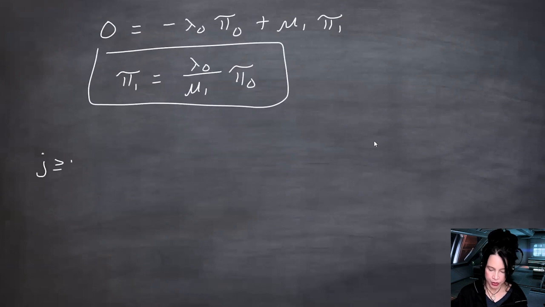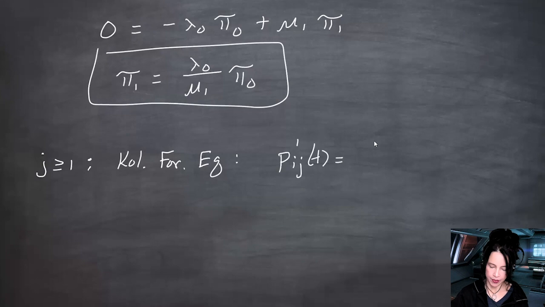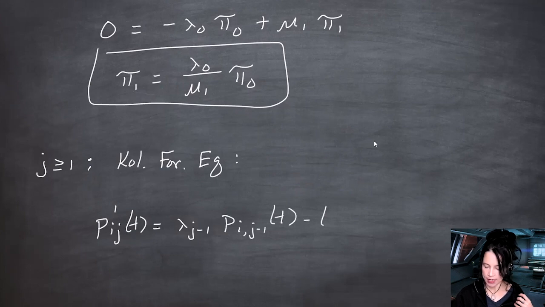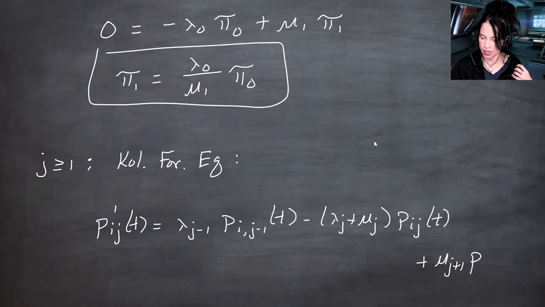If j is greater than or equal to 1, the Kolmogorov forward equation becomes P_ij prime of t equals lambda j minus 1 P_i,j minus 1 of t minus lambda j plus mu j P_ij of t plus mu j plus 1 P_i,j plus 1 of t.